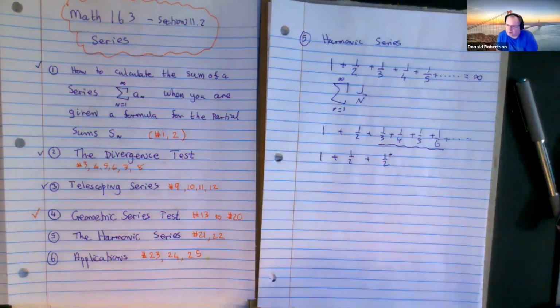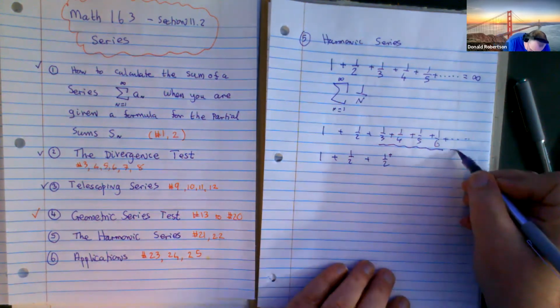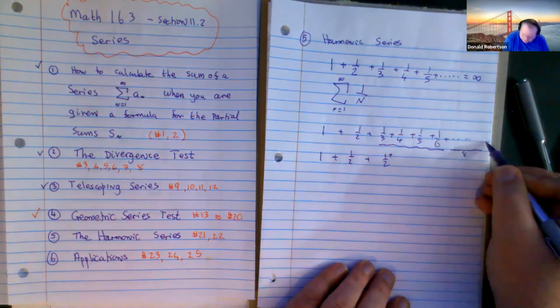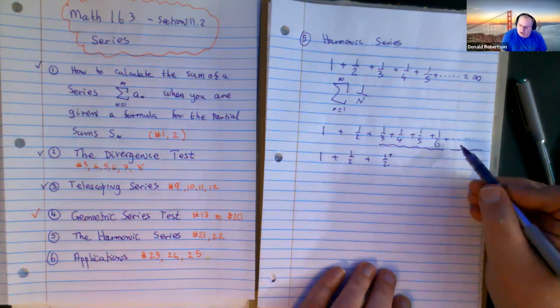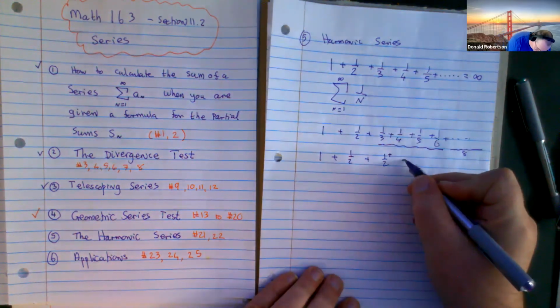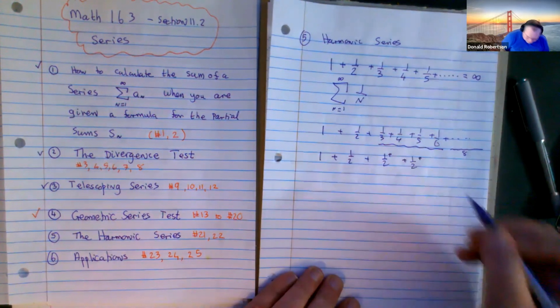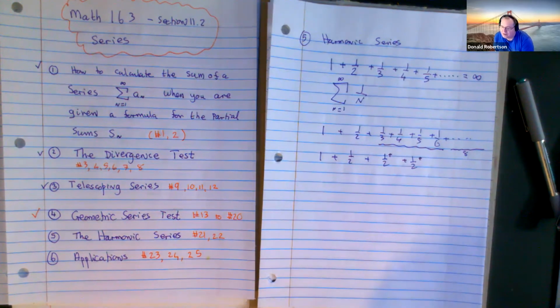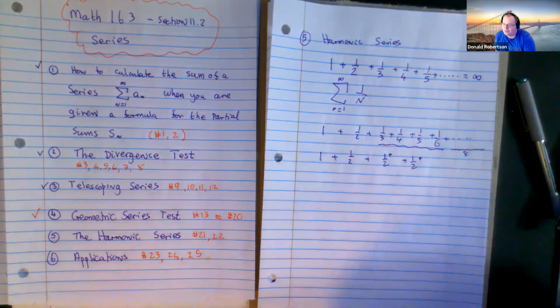I'm going to call it a half plus. If you take the next 8 fractions, so that would be 1/8, 1/9, 1/10, 1/11, 1/12, 1/13, 1/14, 1/15, they also add up to a fraction that's a little bit bigger than a half. And then the next 16 adds up to a fraction that's just a little bit bigger than a half, and the next 32 and the next 64.